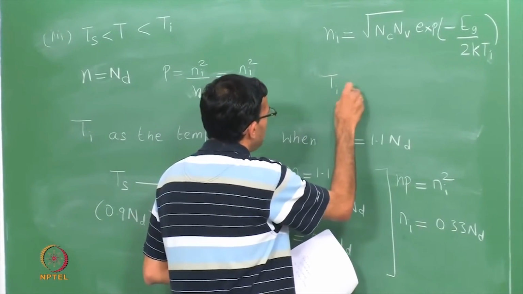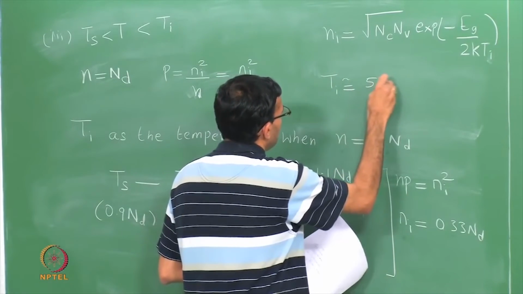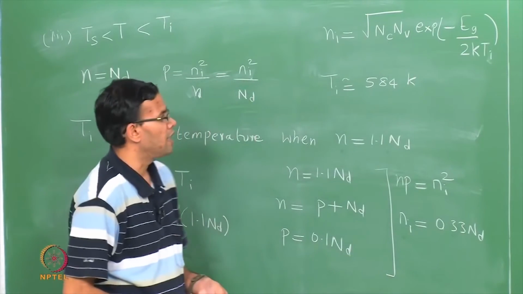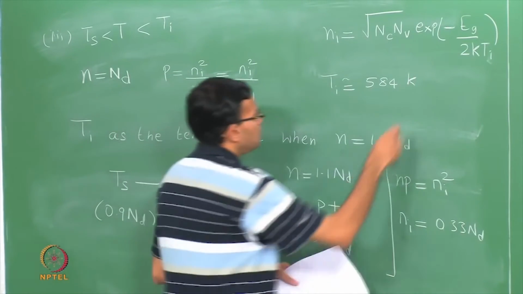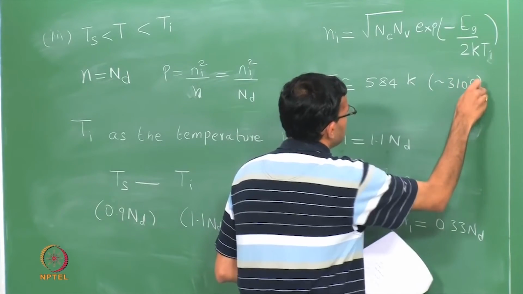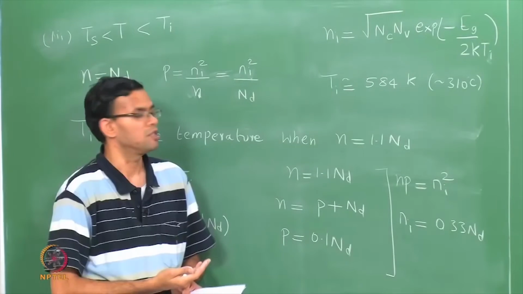That gives you a Ti of approximately 584 Kelvin. If you try to convert that into degrees, this is approximately 310 degrees. Above this temperature, the semiconductor essentially behaves as an intrinsic semiconductor.